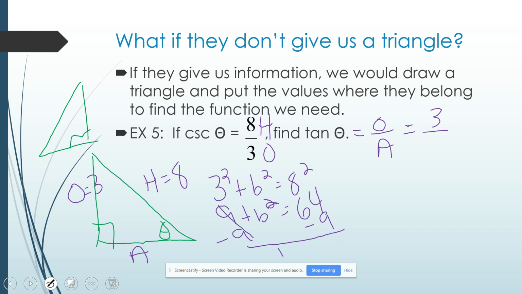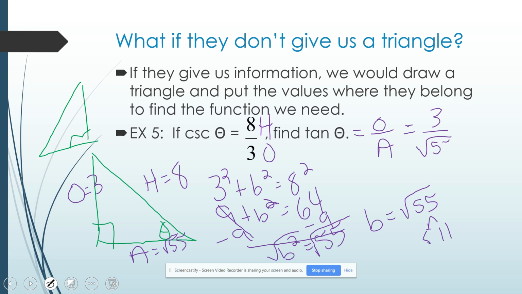Subtract the 9. b squared is 55. And take the square root. We get b is the square root of 55. I can break that down into 5 times 11, but that doesn't actually reduce anything for me. So this is the square root of 55.